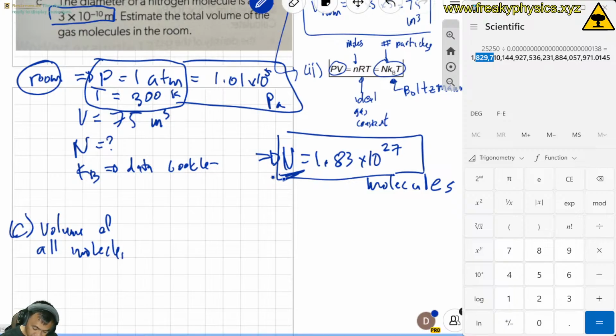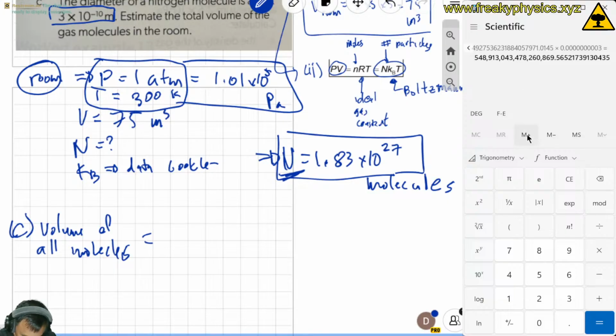All we're gonna do now is just multiply the value we got earlier by 3 times 10 to the minus 10. Oh, but we have to make it the volume of a sphere. All right, because that's only the diameter. You're right. You have to change that to a volume of a sphere.